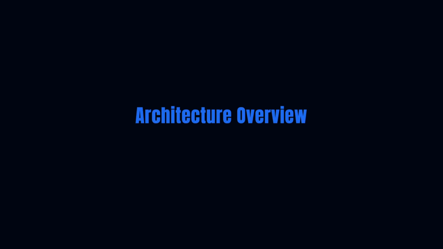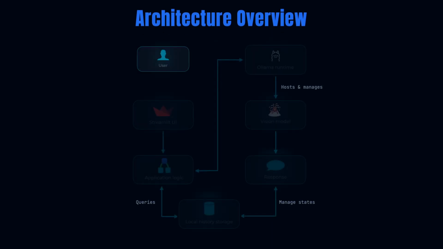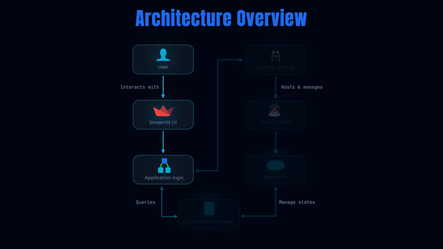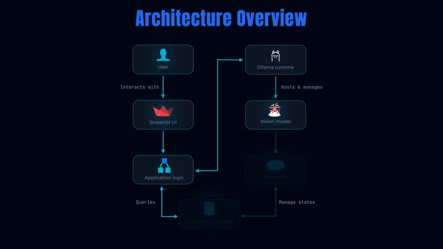At a very high level, our architecture is surprisingly simple. The user, you and me, interacts with the app using the Streamlit UI. Behind the scenes, the Streamlit UI executes the application logic whenever we interact with the UI. The application logic is built on the Ollama runtime library, which interacts with different vision models like LLaVA or Moondream.